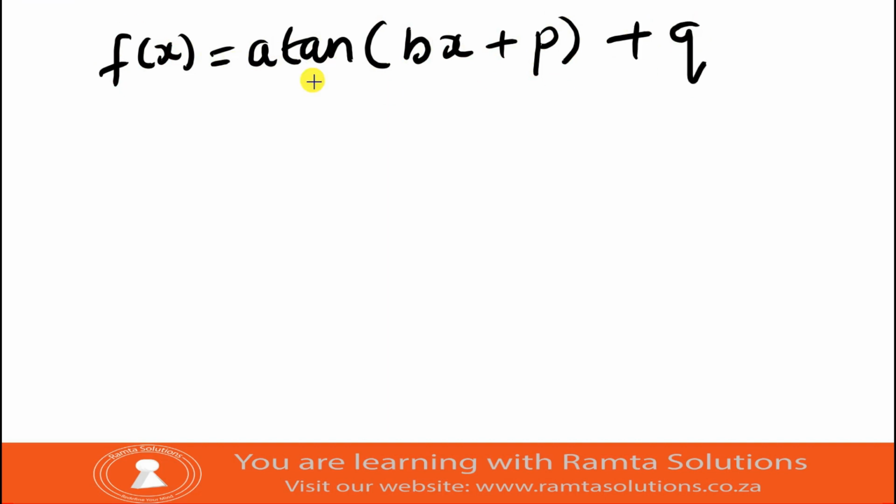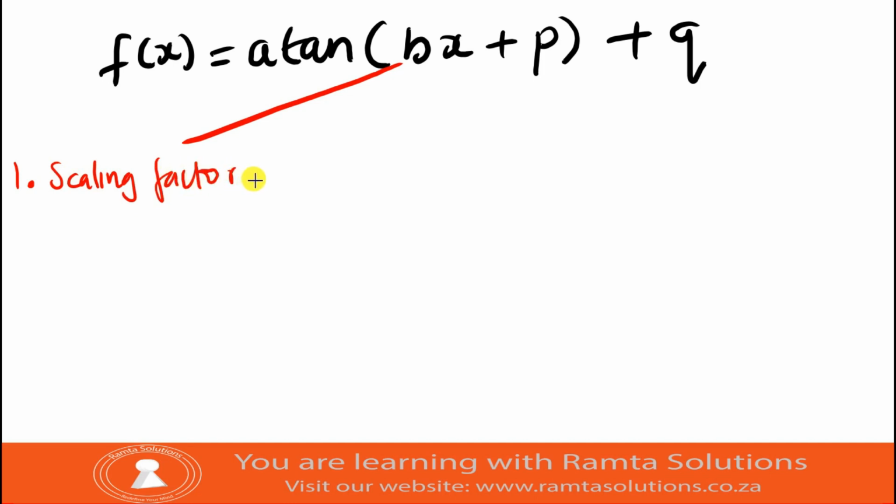I will tell you now, A still represents the amplitude, P still represents horizontal shift left and right, and Q still represents vertical shift up and down. One, I want us to talk about this B. We said it represents the scaling factor, or what you call the step size.